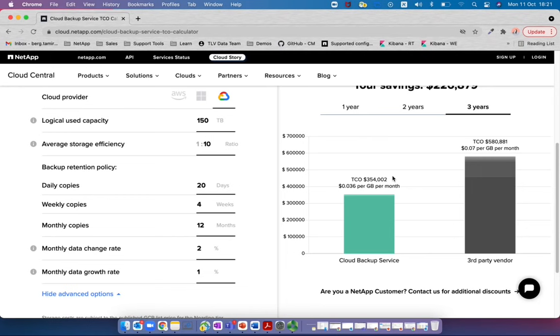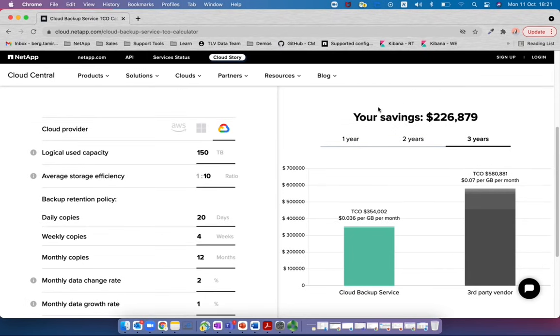So at the top of each bar, you'll also be able to see the price per gig per month, taking all the different elements of each of the solutions into consideration. And with these two figures, we should be able to see the total amount of savings potential with NetApp's Cloud Backup service versus the alternative. And there you have it, for 1 year, 2 years, and 3 years, obviously.